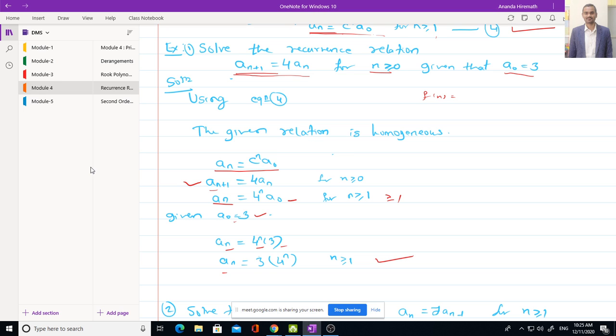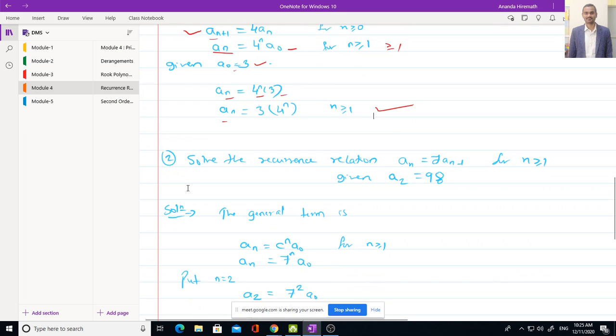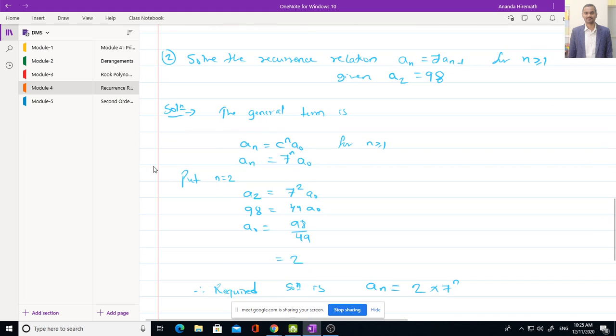Very simple examples will be there on these recurrence relations. Now let us try to solve one more example to understand it more completely. Solve the recurrence relation a_n = 7 a_{n-1} for n greater than or equal to 1, given that a2 is equal to 98. Now what is the general formula for first order recurrence relation? That is a_n = c^n a_0. The given equation is in the form of 7^n a_0.